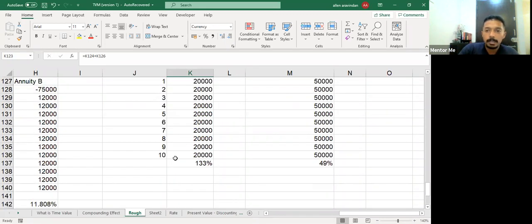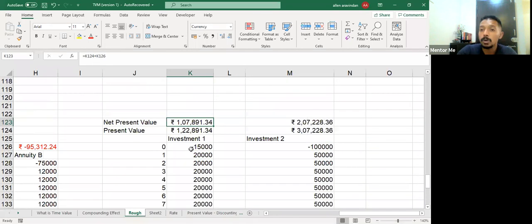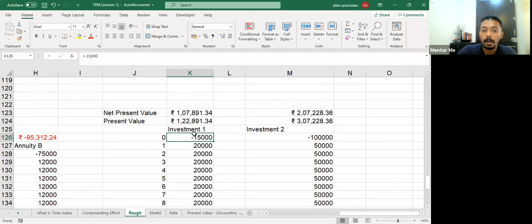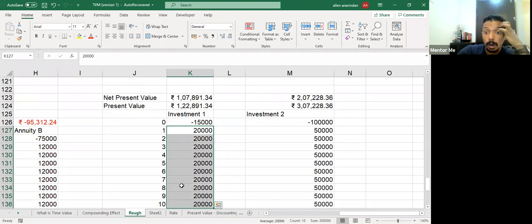You've given 10 years of your life to start a business. You are saying your business is fantastic. It gives you 133% return, compounded annually. Wonderful. But that is only because your initial investment was lower. The value of these cash flows is so small that it's not going to make any difference in creating wealth.